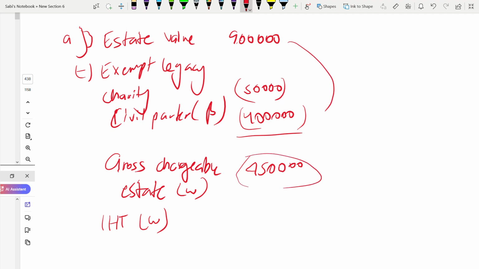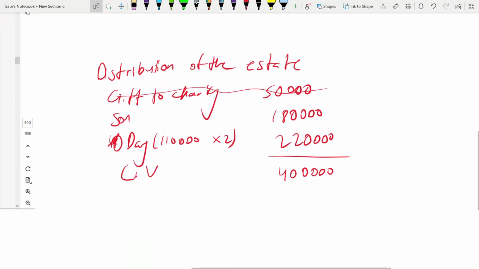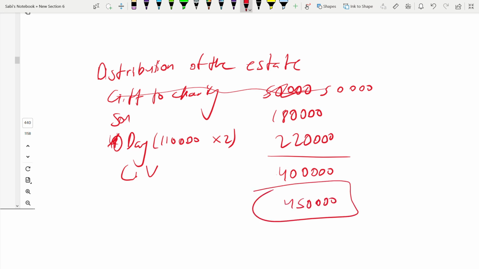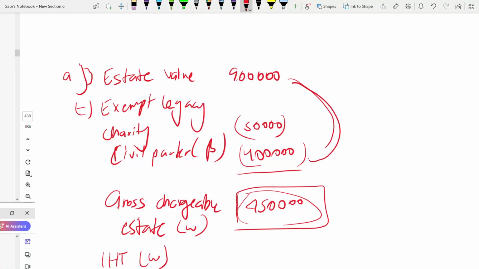This is the value of your gross chargeable estate. That's why you are getting the civil partner 400,000. This 50 is the gift to charity. So 450,000 is the value of your gross chargeable estate. Add this one and the gift to charity, it's 450. So from 450, 50 is to charity, which means 400 will be to the civil partner. If you deduct this 450 from 900, that's how you get the gross chargeable estate 450.